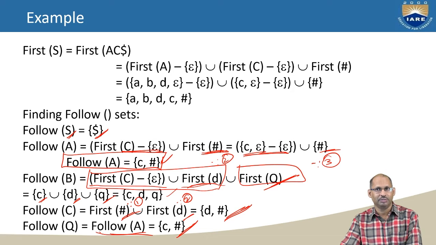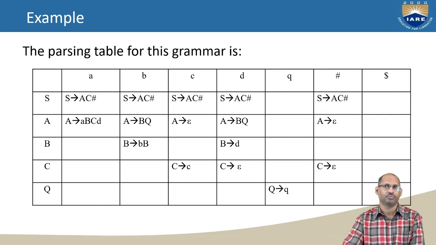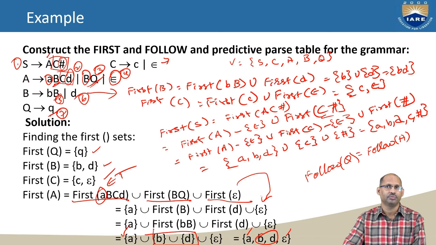Now we have formed first of variables and follow of the variables. Then we construct the parsing table. What is the first of S? First of S is first of A. Right?